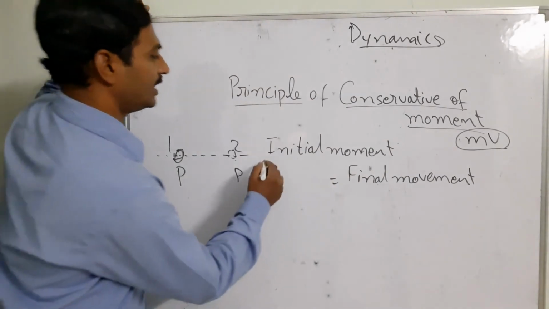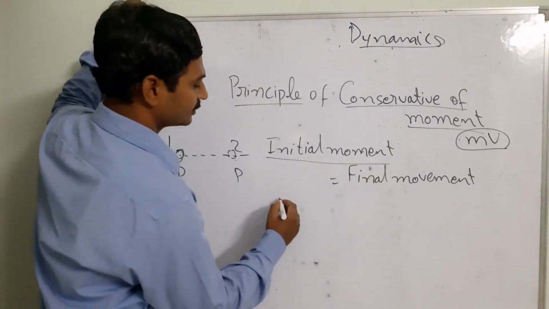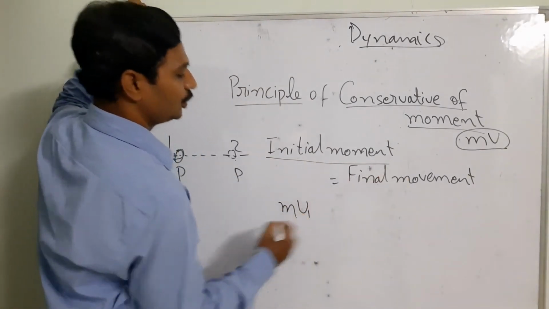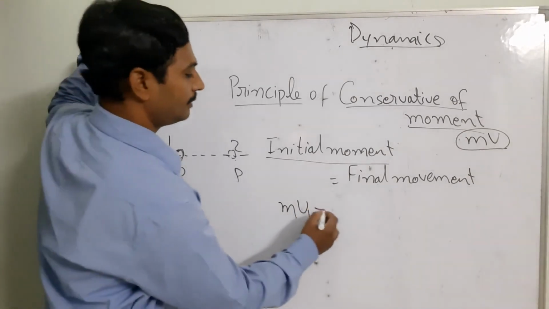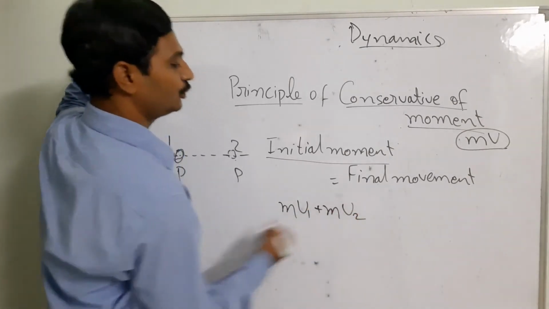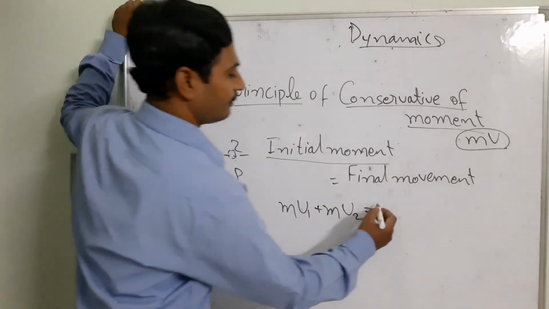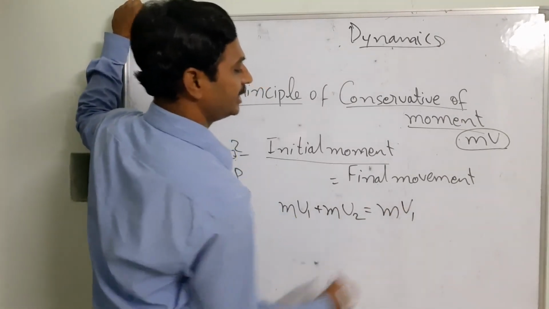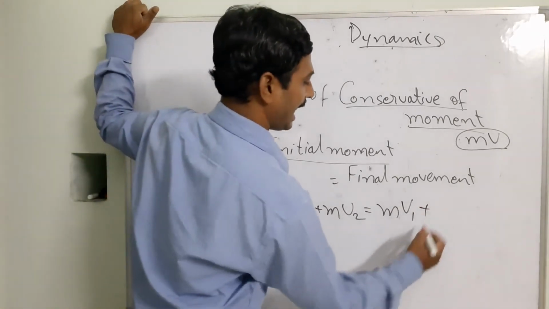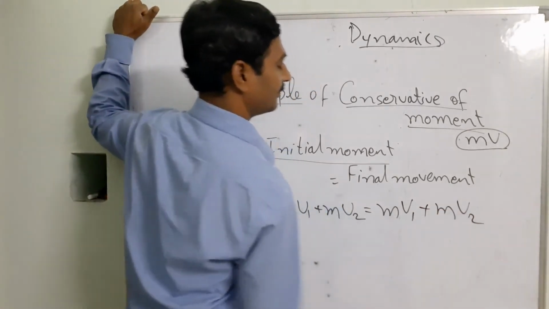So what initial momenta do we take? That is m1 into u1 plus m2 into u2, equal to the mass into the final velocity of that particle, m1 into v1 plus m2 into v2.